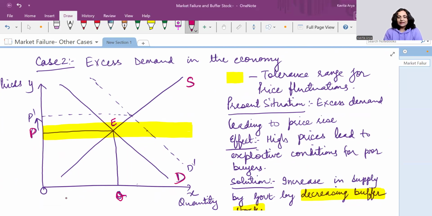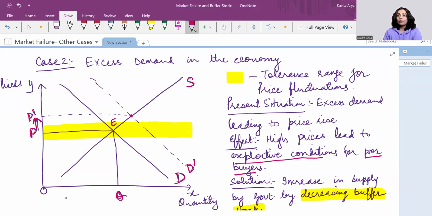So if there is extra demand in the market, which is showcased by the D dash curve, what does it lead to? The intersection happens here and hence there is a situation of price rise. Now, price rise is a problem for the buyers, the poor buyers. So it results in exploiting conditions for the poor buyers.